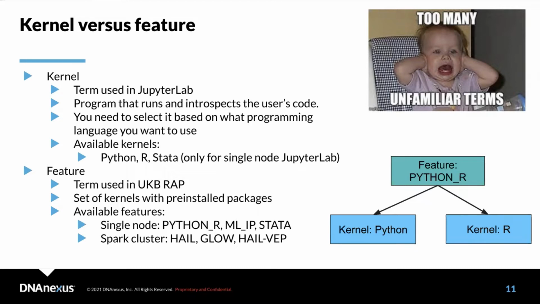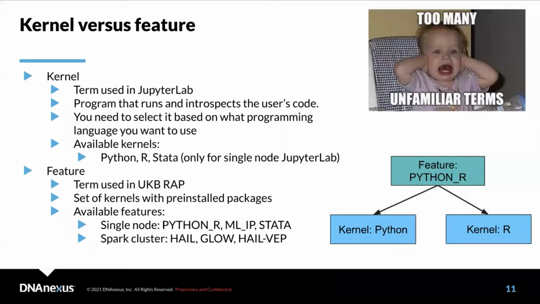So you need to select a kernel based on what programming language you want to use. For example, if I'm going to write code in Python, then I will select the Python kernel. And what are the available kernels in UKB-RAP? Python, R, and Stata, but Stata only for single node JupyterLab.